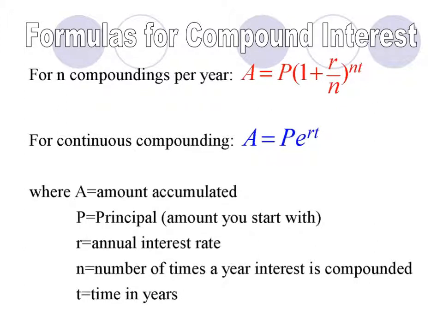The last part of our focus today is going to be working with some application problems, specifically with compound interest and continuous compounding. Compound interest is your typical formula that they use a lot for loans.